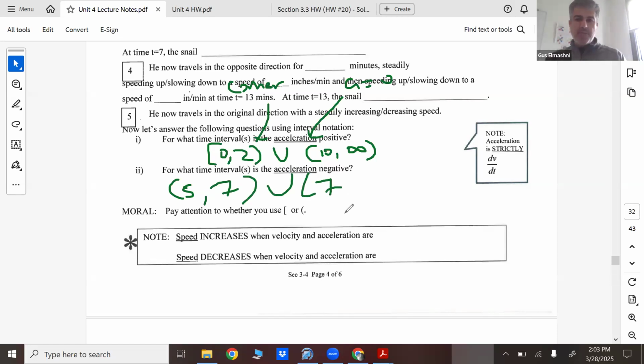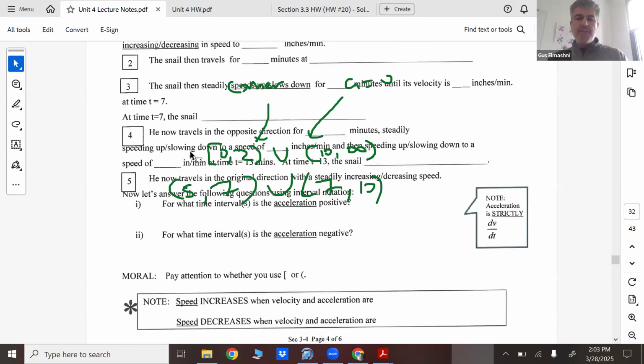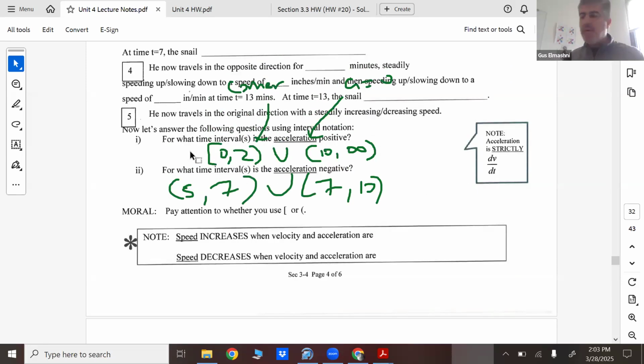Hold on, let me finish this off. Okay, so if we go back to the graph again. Actually, you can look at your paper. And by the way, this dv over dt is strictly acceleration. From 5 to 7, your velocity is losing value, going from positive 4 to 0. You're looking at the slopes of the curve.